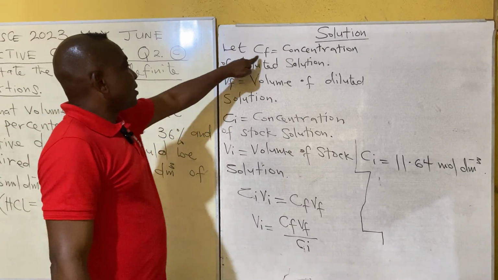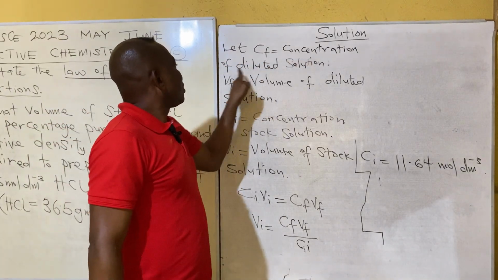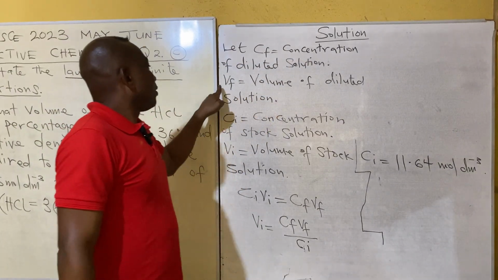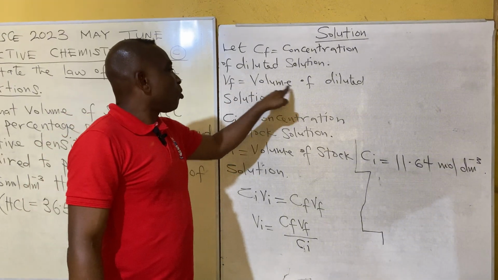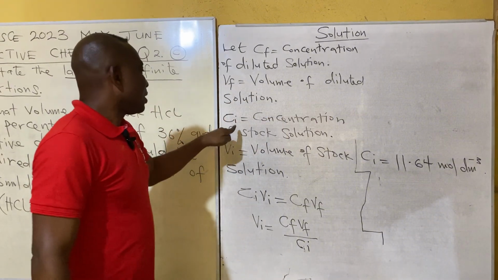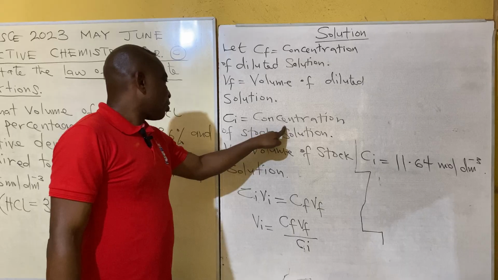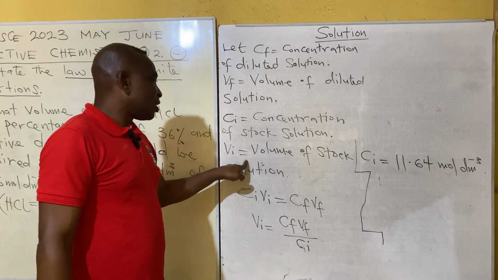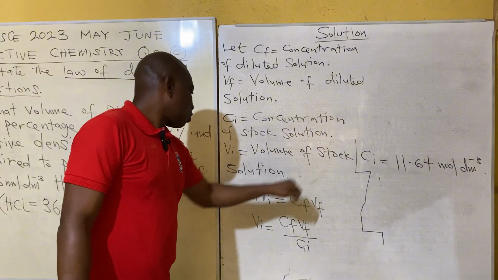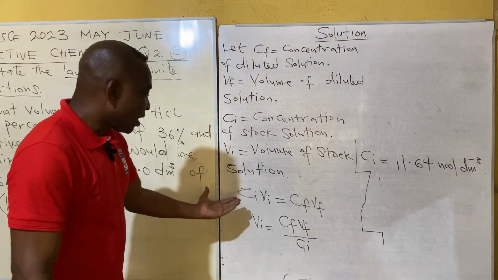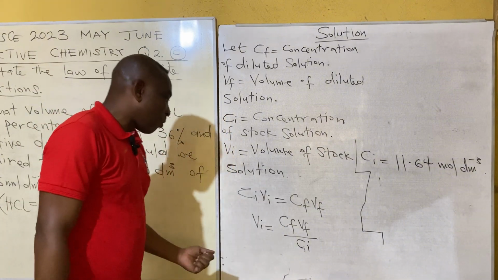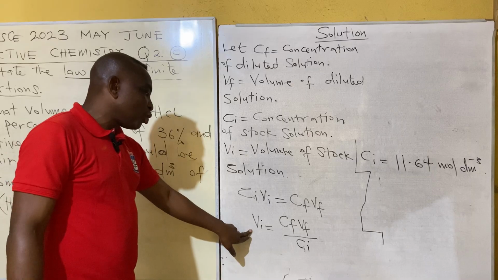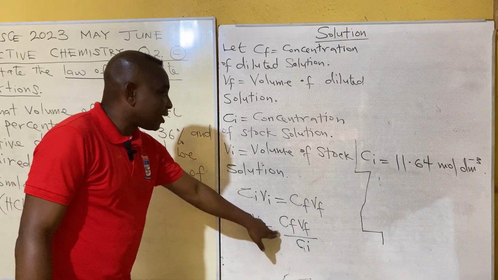So we say let Cf is equal to concentration of diluted solution. Vf is equal to volume of diluted solution. Ci is equal to concentration of stock solution. Vi is equal to volume of stock solution. Okay, so here we now have this to be the formula. So the volume of the stock solution we are looking for, it is this one.